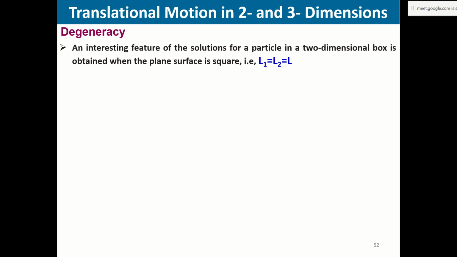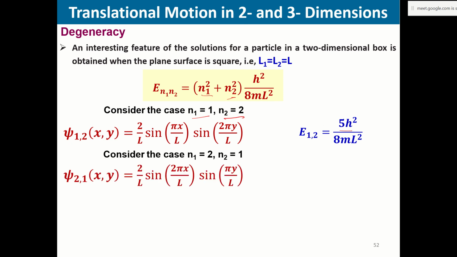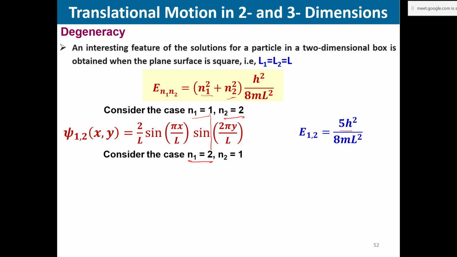So n1 and n2 we have just discussed. First, if we take the case of n1 is 1, n2 is 1, what is the energy? You substitute the values, and you find that it is 5h square by 8mL square. In a similar way, suppose n1 is now 2, so 1 has changed to 2, and n2 is 1. The combination is different now, and this means that you are writing 2 pi x by L here.